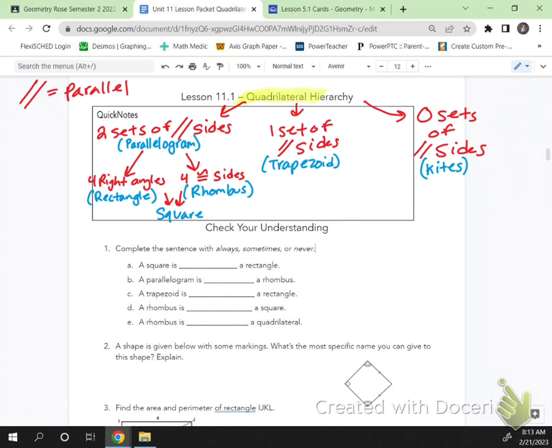Are we okay with parallel sides and congruent angles and all that stuff? We can get more specific with our trapezoid. Our trapezoid can have 1 set of parallel sides. It can also have 1 set of congruent sides, which classifies it as an isosceles trapezoid.